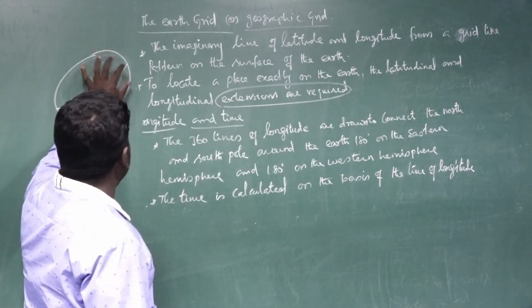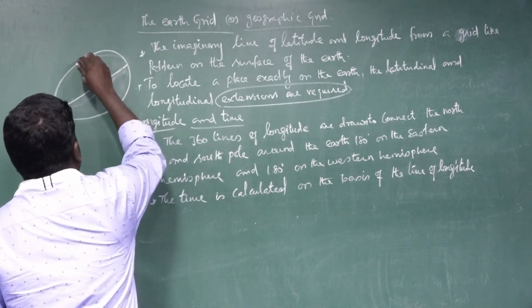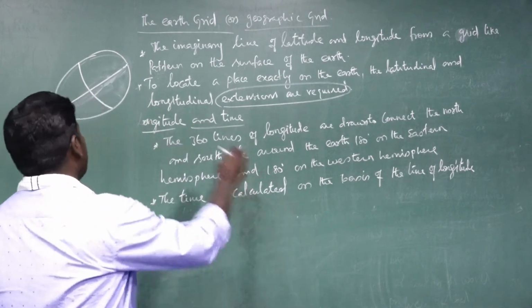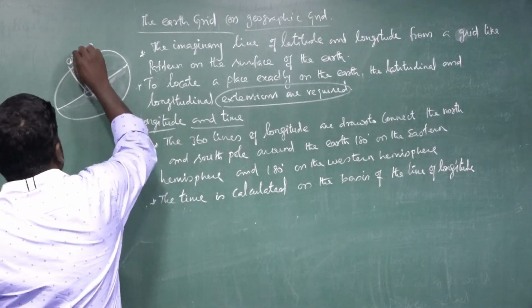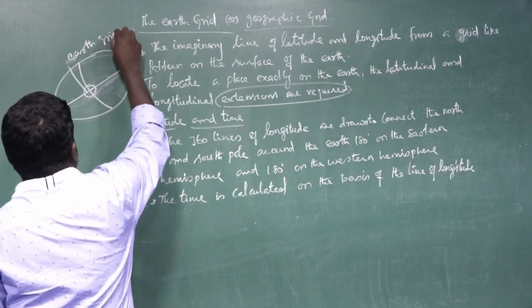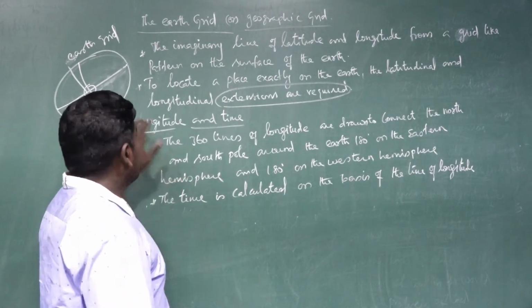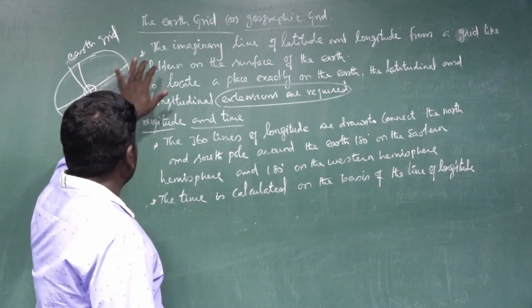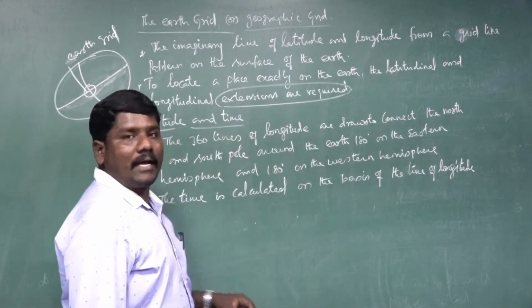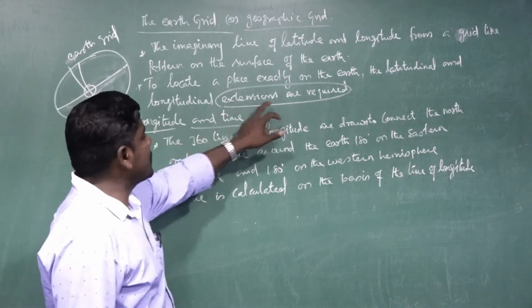This one is the longitudes. Together they make the earth grid or geographic grid.